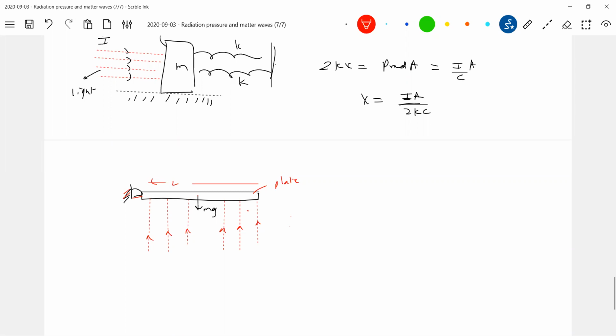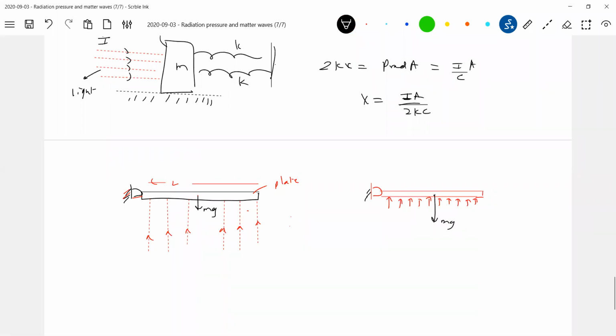Where to take this force now? Will the force act at one point or at all points? The force will act at all points. Then how to calculate the torque? You directly go to fluid mechanics. If a body is acted upon by force, the force will act at all points, not at one point. And the weight mg will act here.